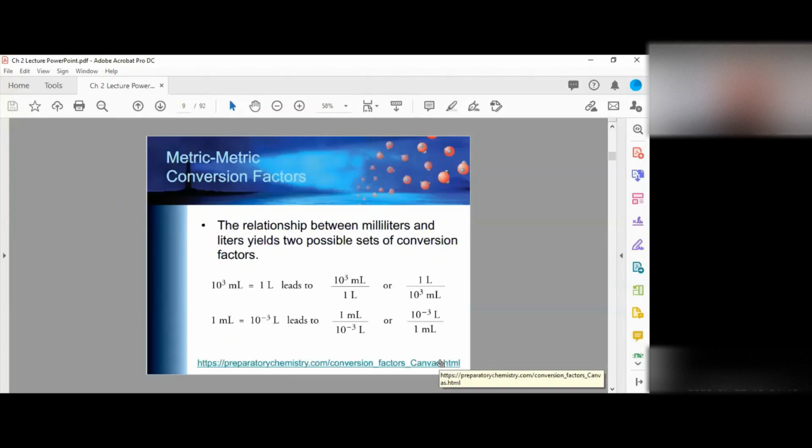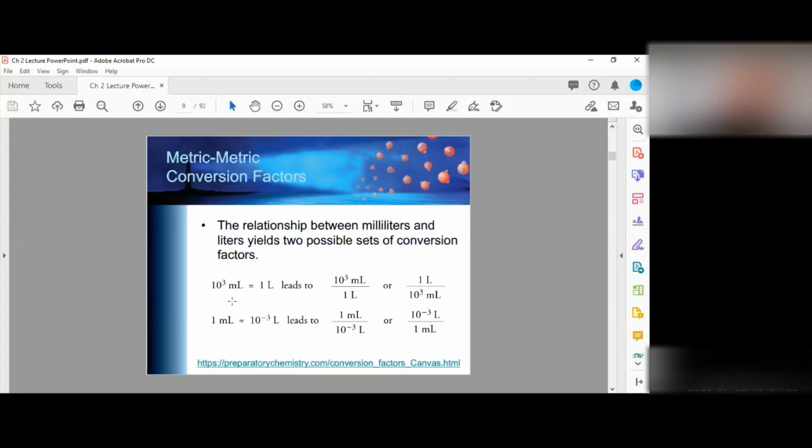How do I write this down? I write this statement in a conversion factor. This is what we call a conversion factor. A conversion factor is just a rewritten statement telling me what the exact value is. When I say 1,000 ml equal 1 liter, this is written in a non-conversion factor format.